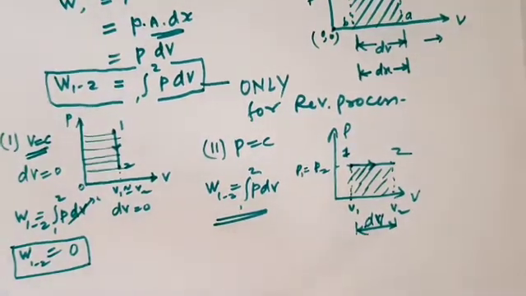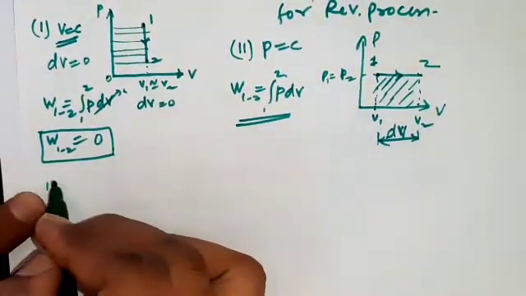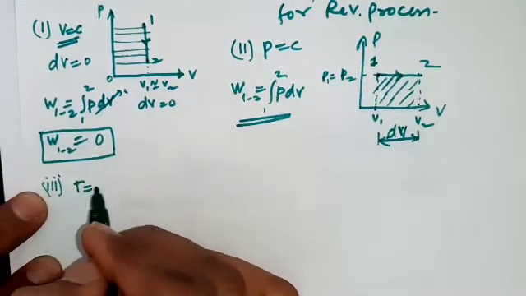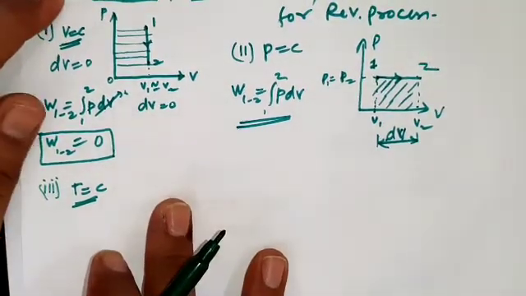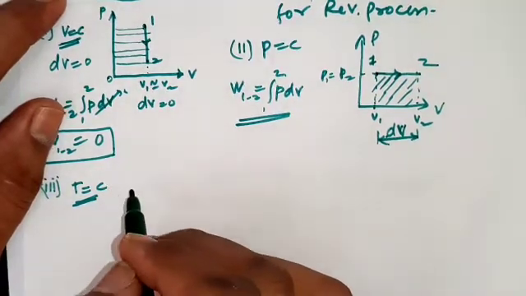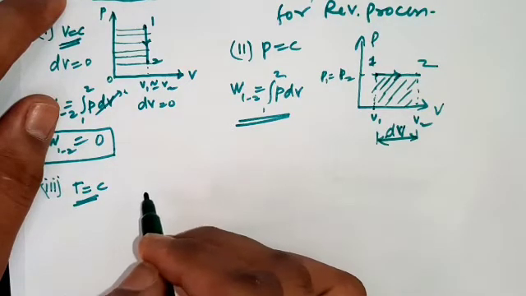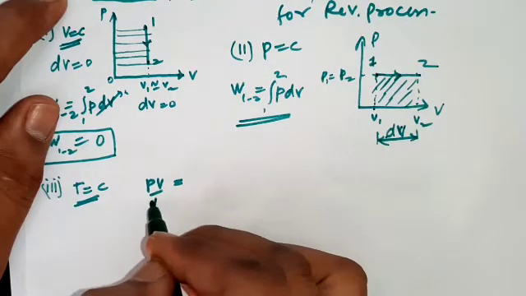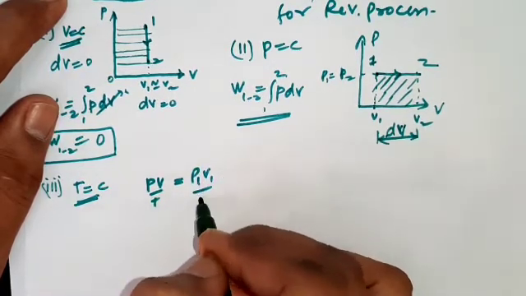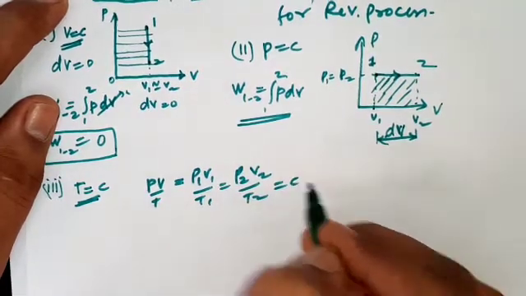now we will discuss the third process or third condition. If temperature is constant, it means it is an isothermal process. So we can say T is equal to constant. From ideal gases, PV upon T is equal to P1 V1 upon T1 is equal to P2 V2 upon T2 is equal to constant.